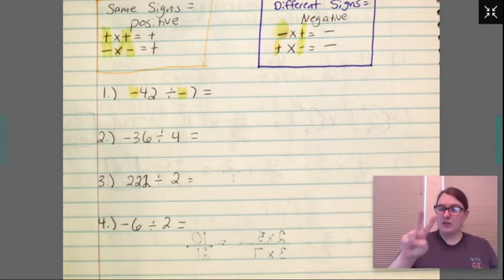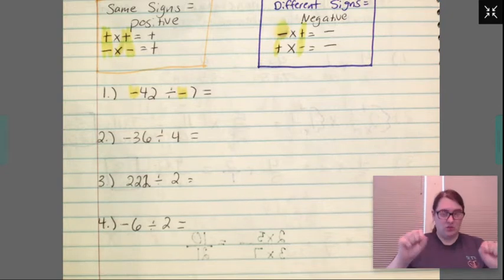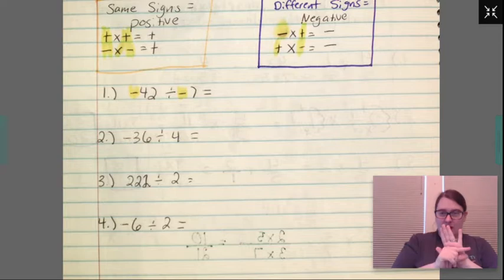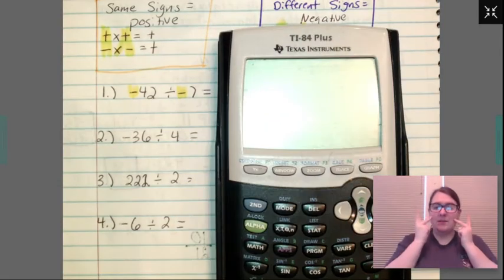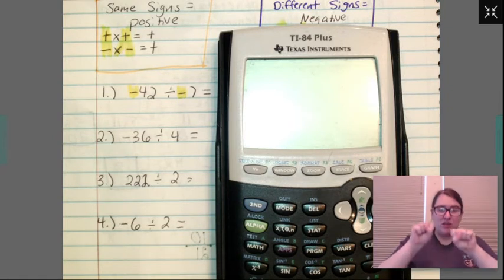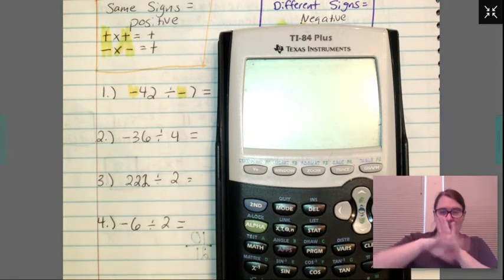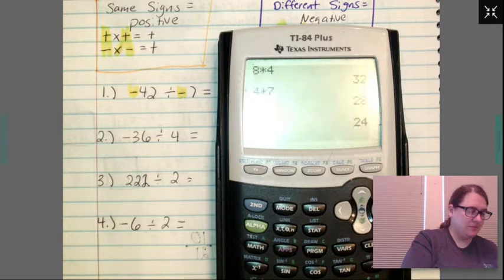Okay, so we're going to do 42 divided by 7. You can use your calculators. 8th grade, I'm going to remind you so you can see my screen. You can do positive and negatives in your calculator.